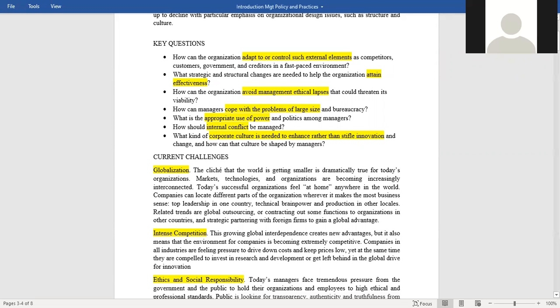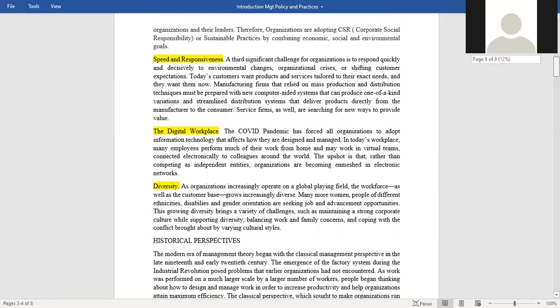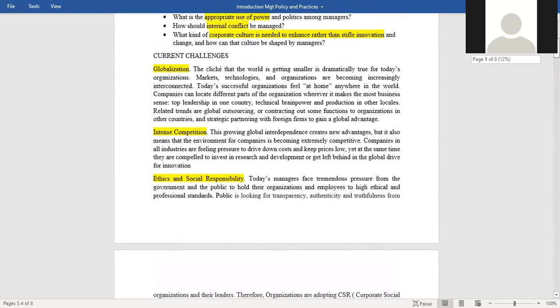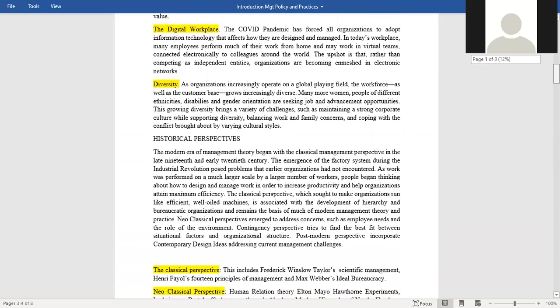Which are relevant in today's day and age. So for all organizations, it is important to respond to these changes, right?